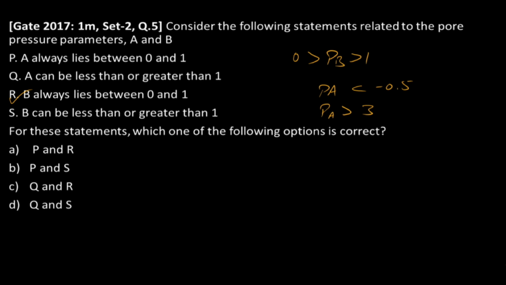And A can be lesser than or greater than 1, where A is greater than 3 and A lesser than minus 0.5, which is also right. So option C is the right answer.